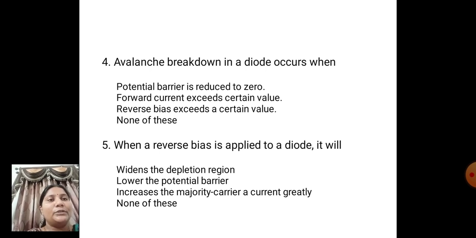Please Google those topics, which are the breakdown mechanisms of the PN junction diode: avalanche breakdown and Zener breakdown. Please know about these two topics, as those are the basic topics for tomorrow's video lecture, right? In tomorrow's class, we are going to discuss the two breakdown mechanisms of the PN junction diode, avalanche breakdown and Zener breakdown.